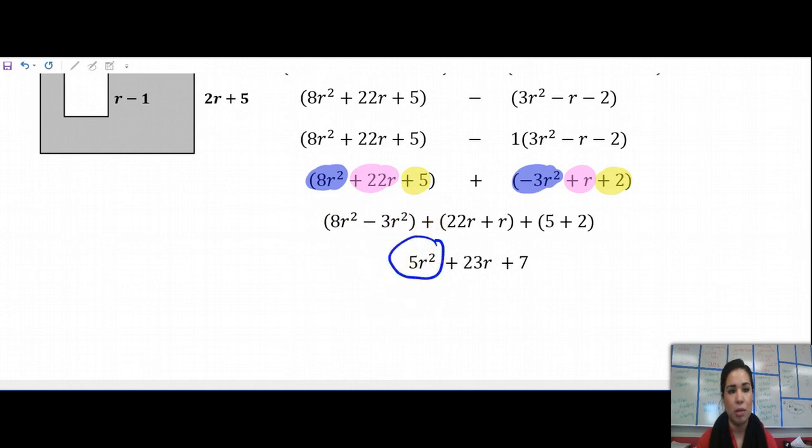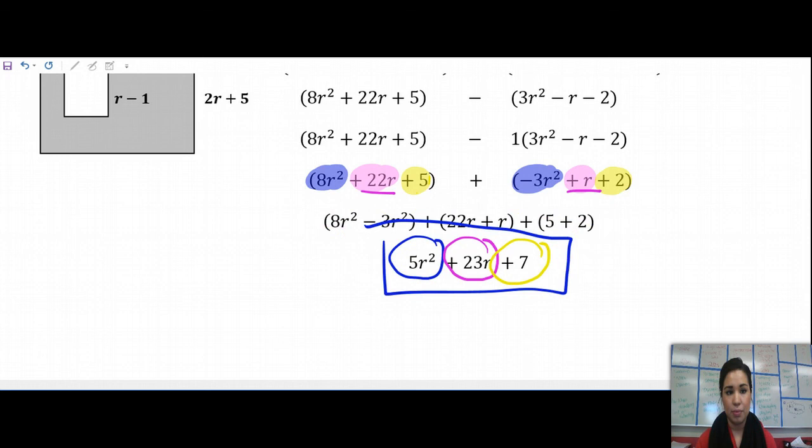Let's do the pink now. So in the pink, we have 22r plus r, and that's going to give me positive 23r. And now let's do the yellow. In the yellow, we have a positive 5 plus 2, so that's going to give us a positive 7. Now that I've done that, I ask myself, is there anything else I can combine? No, because none of these have the same last name, so I know that I'm completely done, and that's my final answer.